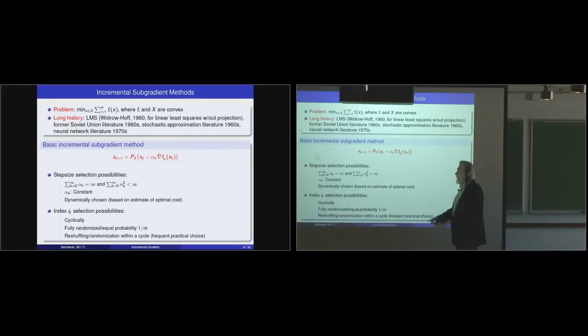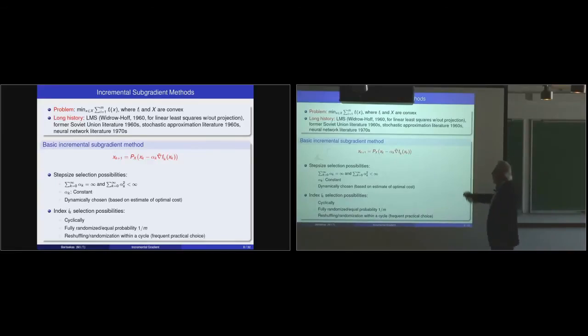Another possibility is to choose the index to operate on randomly with equal probability. And people very frequently in practice use a combination of these two. Reshuffling. This method is cyclic, but at the beginning of each cycle, you reshuffle randomly the order of the indices. And this tends to work very well in practice, and it's easy to implement, and people use it a lot.